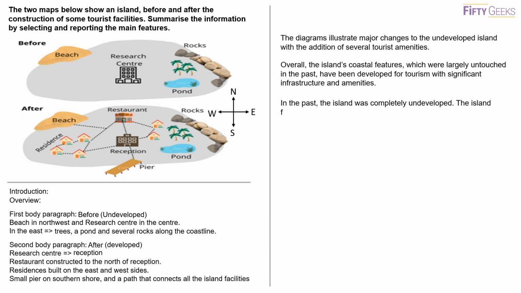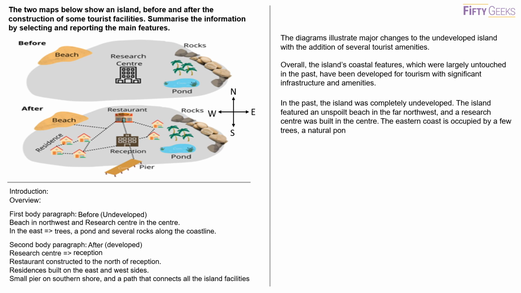The island featured an unspoiled beach in the far northwest, and a research center was built in the center. Furthermore, I will write about trees, a natural pond, and rocks. I will continue to write it as, the eastern coast is occupied by a few trees, a natural pond, and several rocks along the coastline.